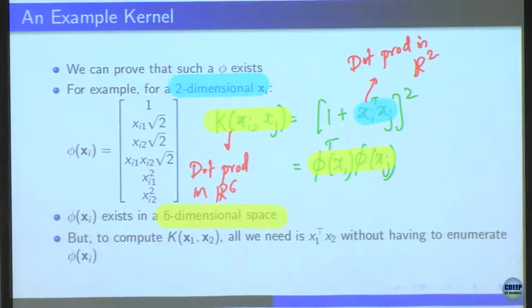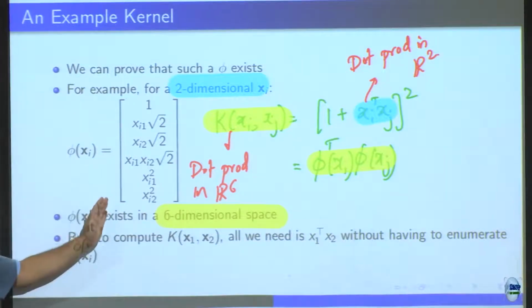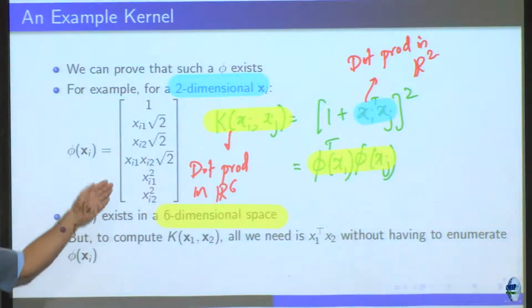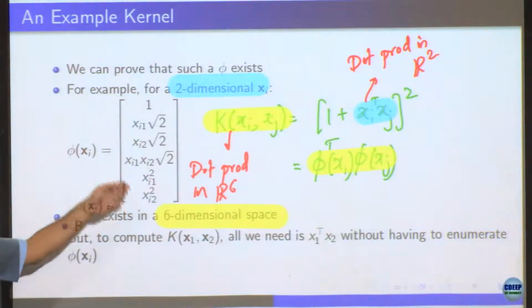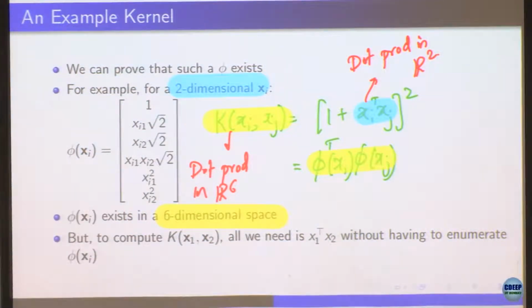Even though, now how easy is it to actually enumerate these components, and then redundantly multiply each of those terms. On the other hand, if you just take 1 plus xi transpose xj the whole square, it's much more efficient to compute. Can you contrast the number of computations? How many computations would this take?